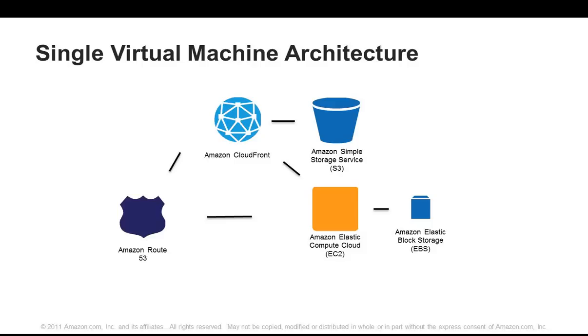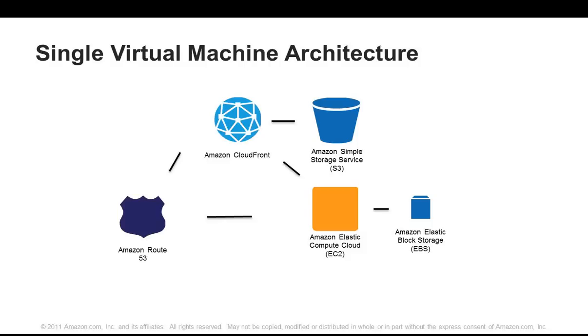There are a couple of best practices for this architecture. First, you're going to want to put that single instance in an auto-scaling group with a min of 1 instance and a max of 1 instance. That way it won't go above 1, which you want because you know your site can run with 1 instance. But also, if that instance fails and you have the min set as 1, the auto-scaling group will automatically reboot that instance for you.